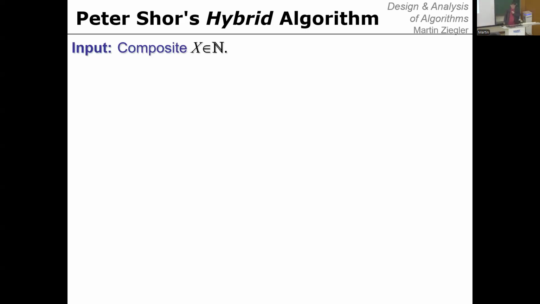So here's the algorithm. Specification: input is a composite natural number. And output is some non-trivial factor. Remember, the goal is to factor the integer x.